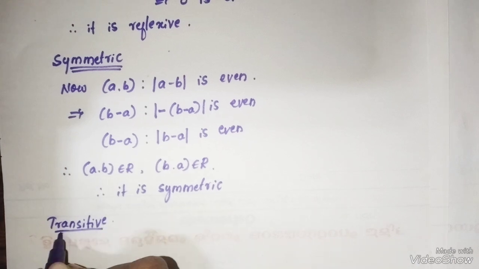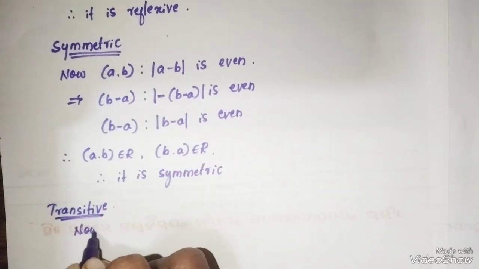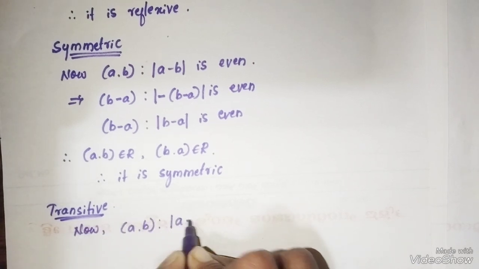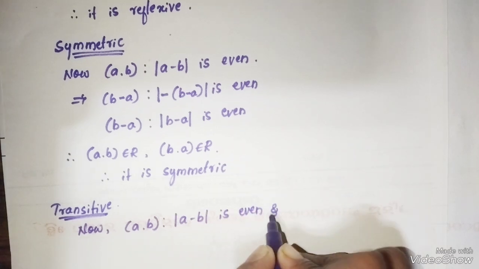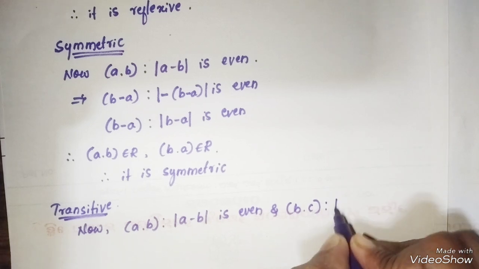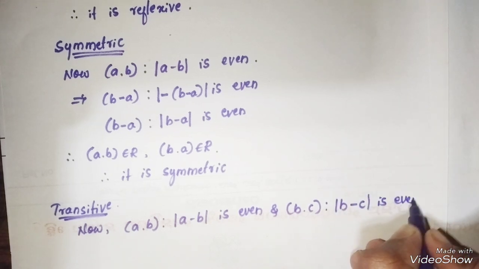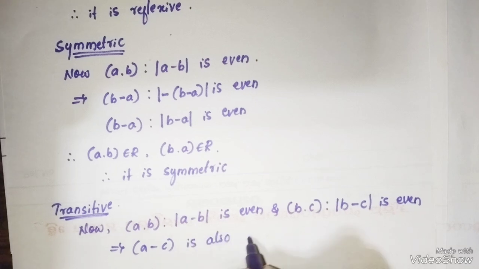Again, for the transitive condition, take (a, b) such that a minus b is even, and (b, c) such that b minus c is even. That implies (a, c) is also even.